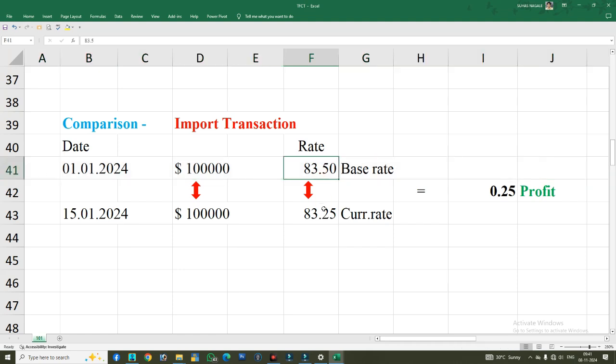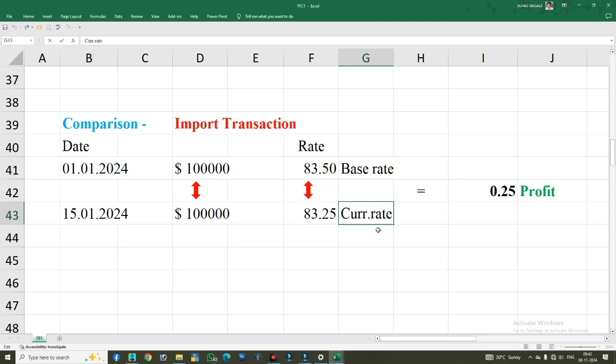Base rate 83.50 and the current transaction rate 83.25. Current transaction means 15 January 2024 rate. We have to compare base rate and current rate.